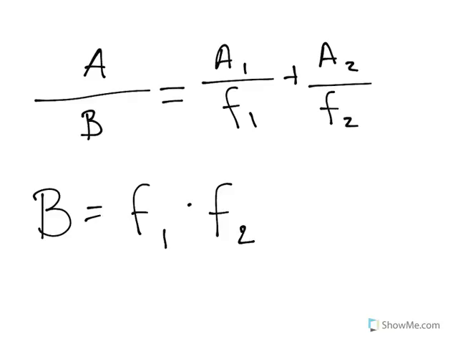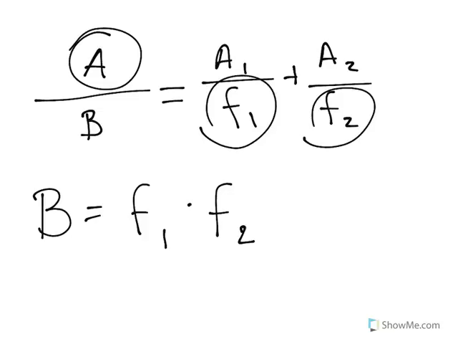So this is what partial fraction expansion means: you can find two polynomials that, when divided by the factors of b and added together, give you the original polynomial a over b, which is the multiplication of these factors, of these denominators.